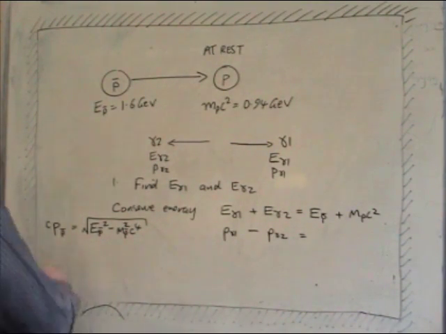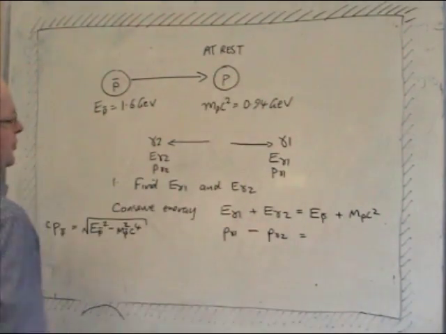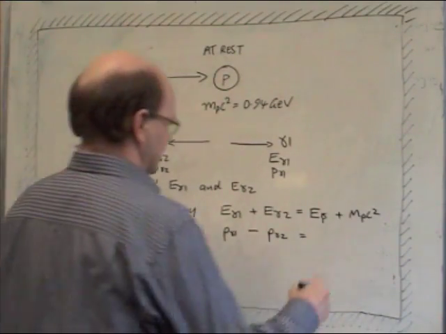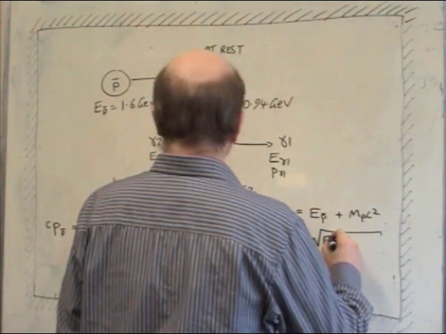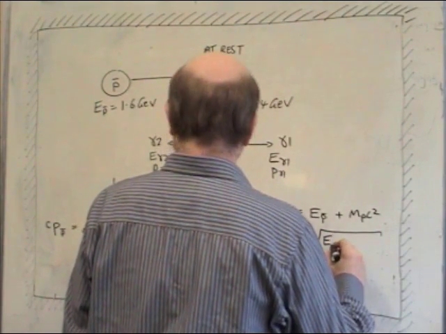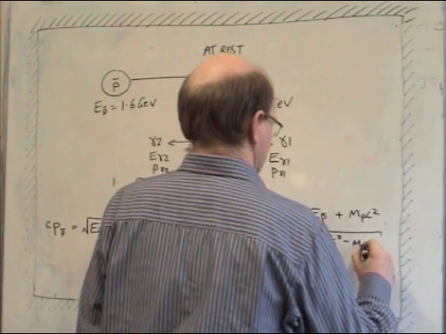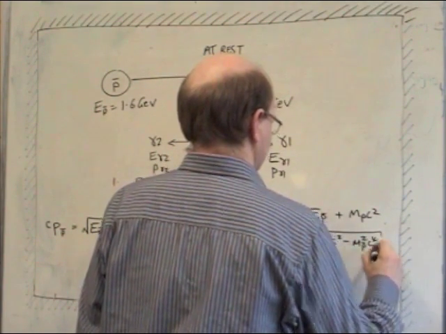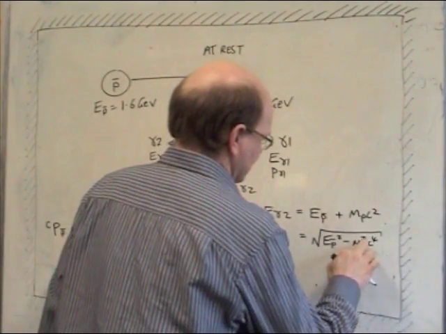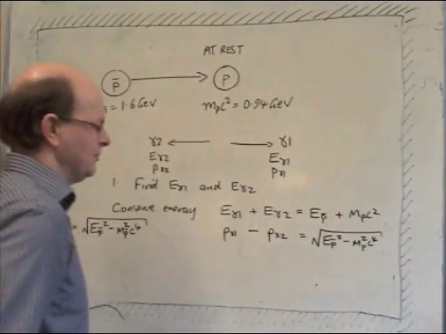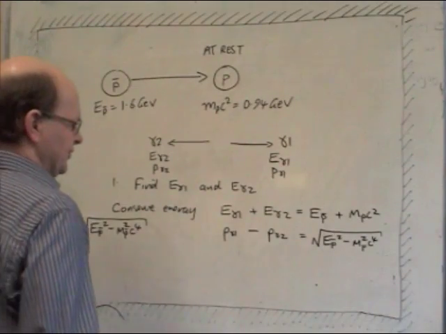That's the expression for the magnitude of the momentum of the antiproton, and the target of course isn't moving, so it doesn't have any momentum. So on the right hand side of this equation we just have that square root of E P bar squared minus M P squared c to the fourth. And of course we need not bother writing the bar on the mass, because the proton and the antiproton have the same mass. So we've got these two simultaneous equations.